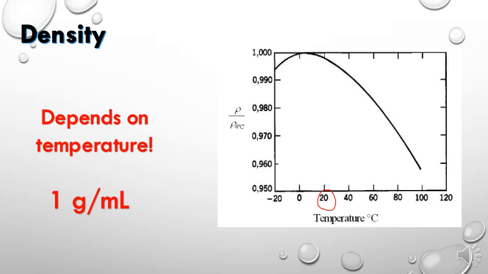Water's strange in this part of the curve. Water is actually most dense, and this graph doesn't show it as well as it should, at 4 degrees Celsius. And as water becomes even colder, its density goes down.